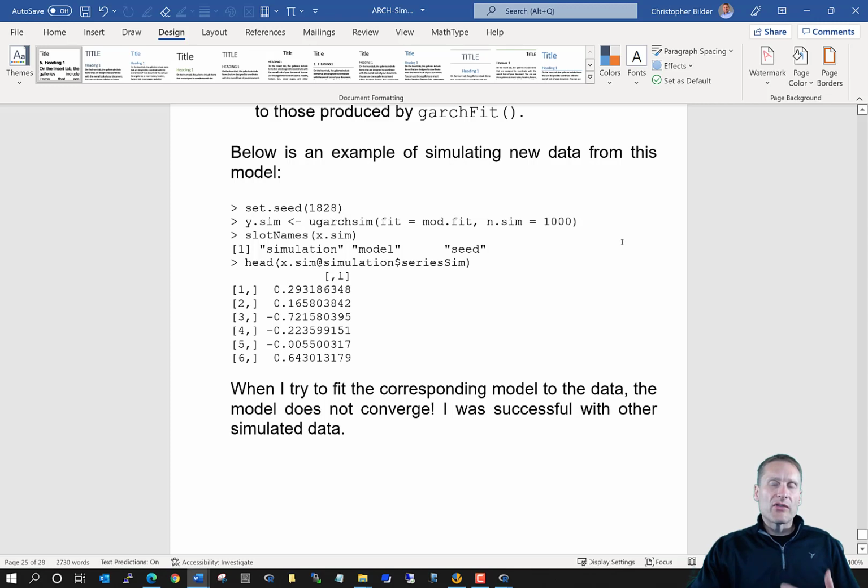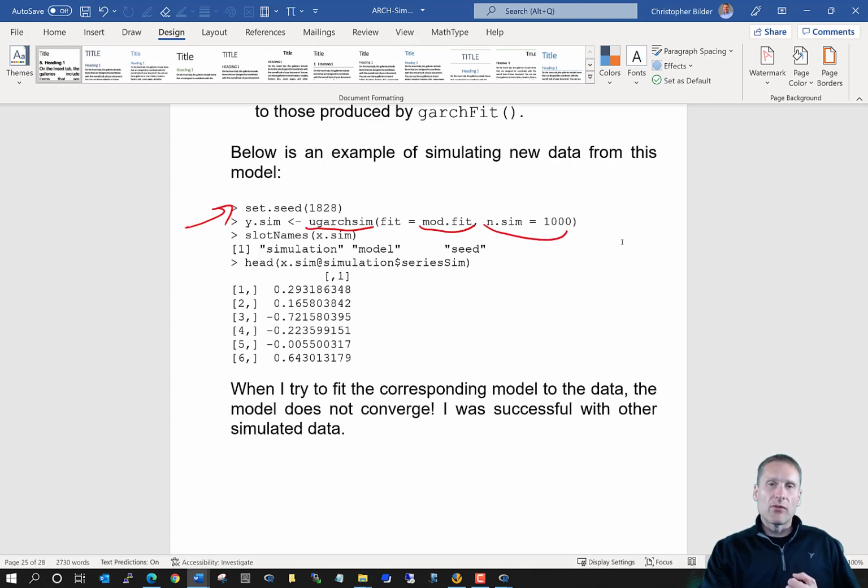If I wanted to simulate new data in this package, I can start actually with a model fit, like what we just got done doing, and simulate data using that alpha hat 0, that alpha hat 1 that's inside of that model fitting object. And so I can set a seed to reproduce my results, and I can use a function called ugarchsim, where I put fit equal mod.fit. How many observations do I want? Let's say 1,000.